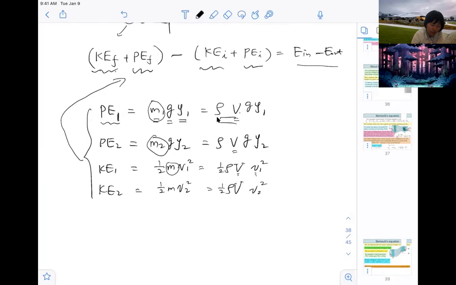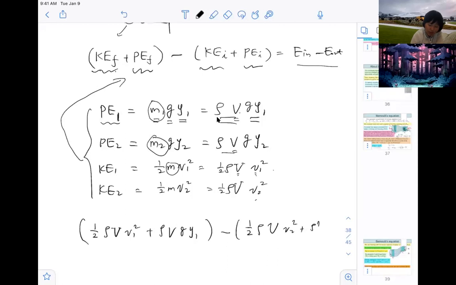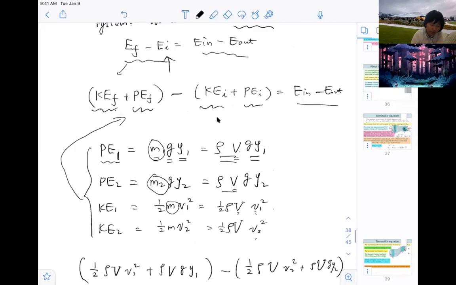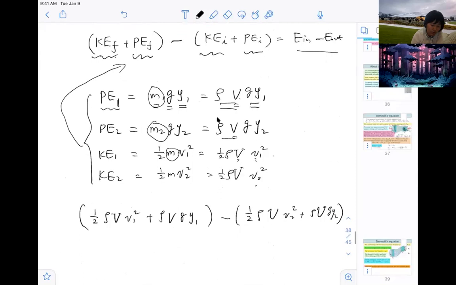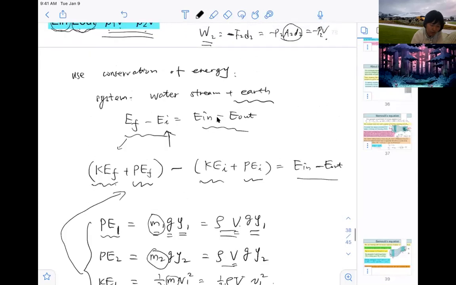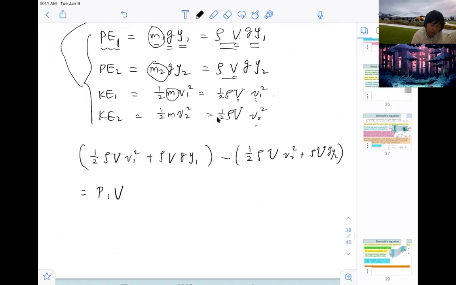Okay, so I'm going to plug in 1/2, this is my kinetic energy, rho V v1 squared, plus potential energy, rho V g y1, minus 1/2 rho V v2 squared plus rho V g y2. So this is equal to in and out. That is equal to P1 V minus P2 V.